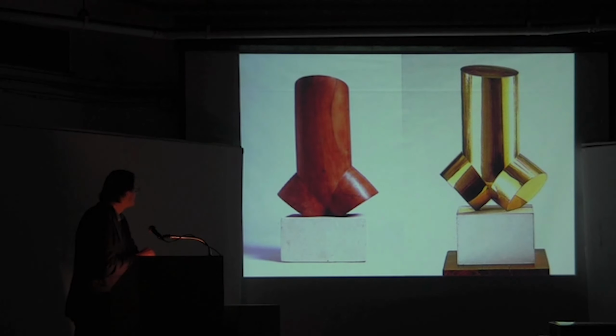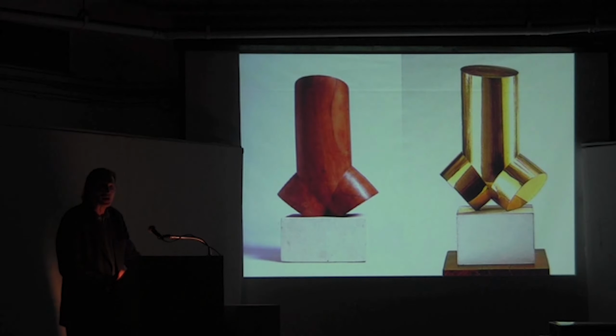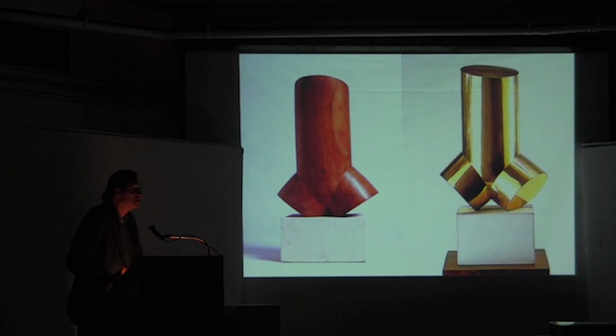This is the trunk of the tree. We can invert the piece, and these are limbs in both senses, I guess, of the word. And so, again, similar form, but one's emotional response to the piece is very different from the one on the left versus the one on the right. Next.